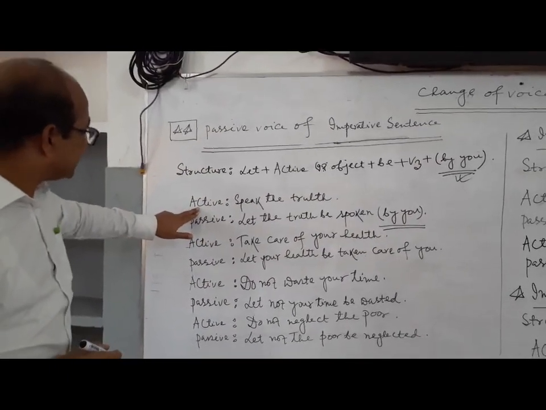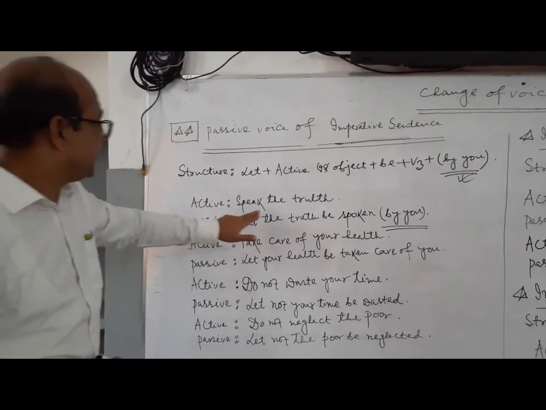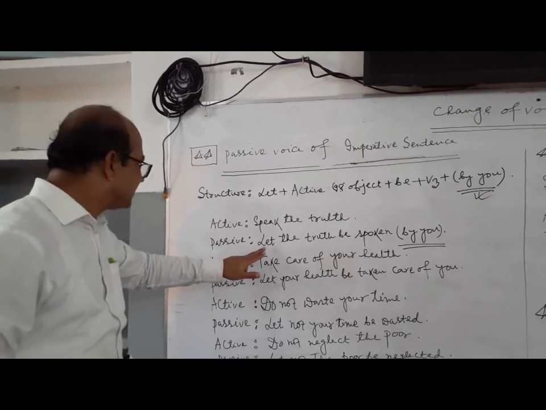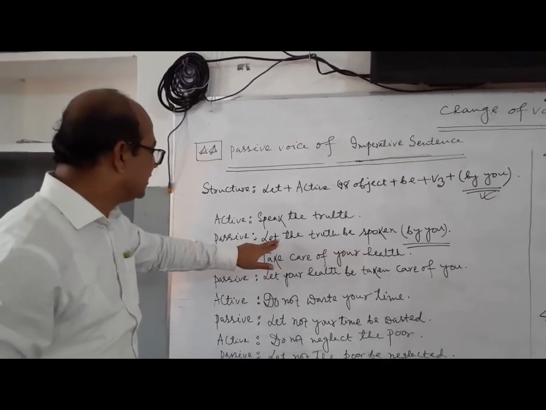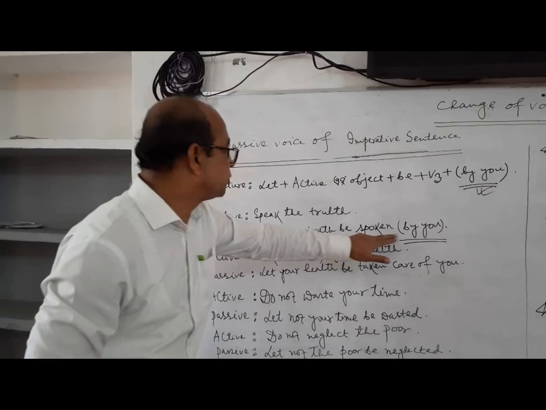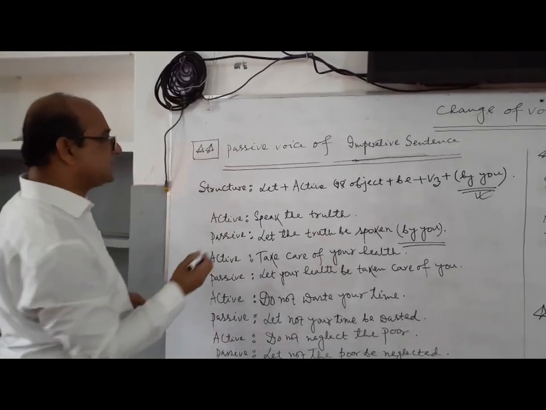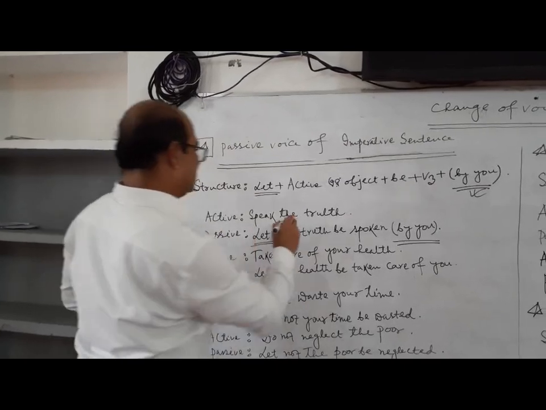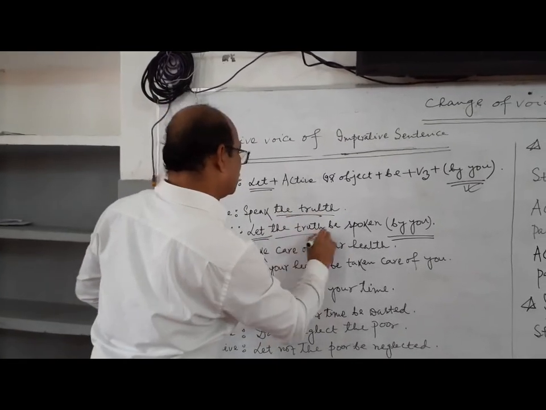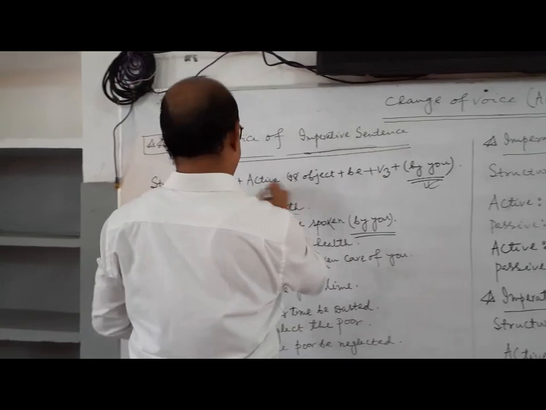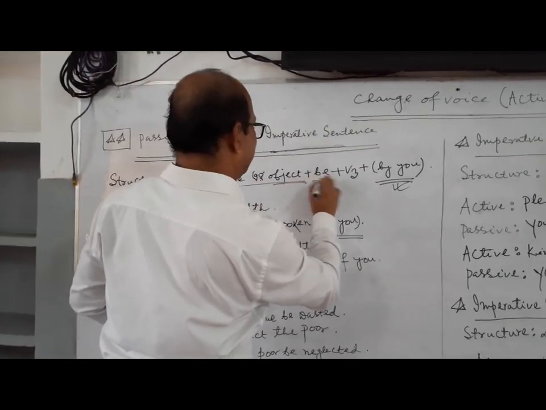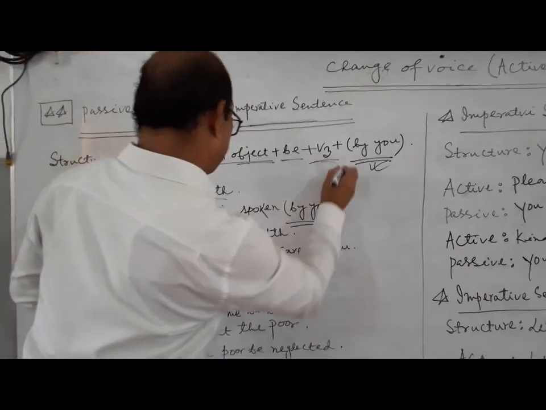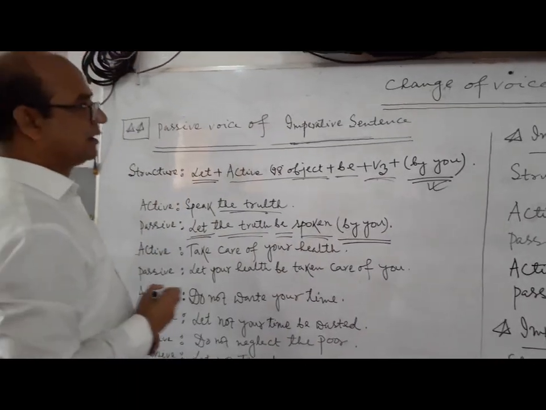So, in active mode, speak the truth. As passive sentence, I have written, let the truth be spoken by you. That means, according to structure, let the truth, object, activate object, then be, V3, spoken.